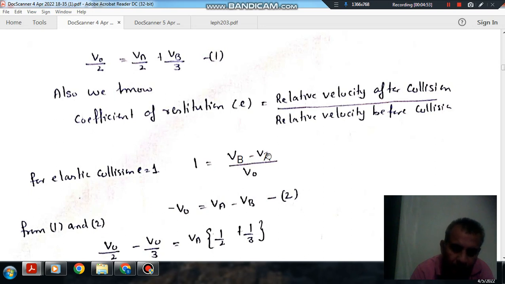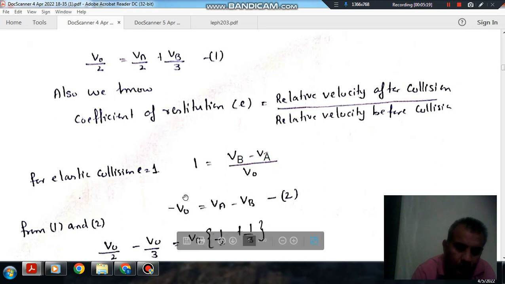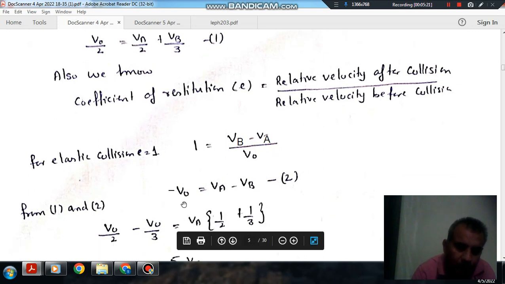For the relative velocity before collision, we take A first: the initial velocity of A is v naught and the initial velocity of B is 0, so v naught minus 0 is v naught. From this we have v_a minus v_b is equal to minus v naught. So this is equation number 2.